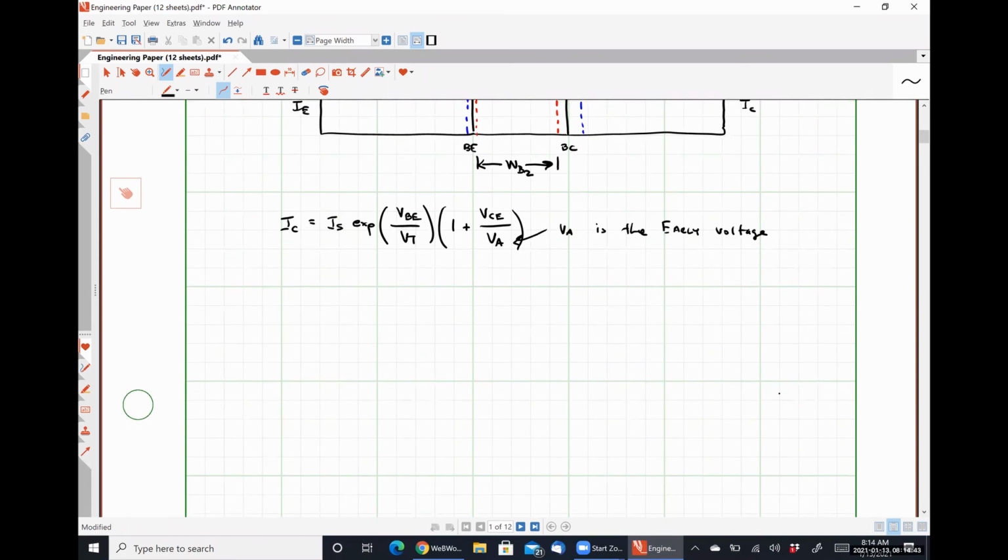So I'm gonna plot a new characteristic IV curve with the early condition included for a generic BJT transistor. So if we plot IC versus VCE, we know that when VCE is greater than or equal to VBE, we are in saturation.